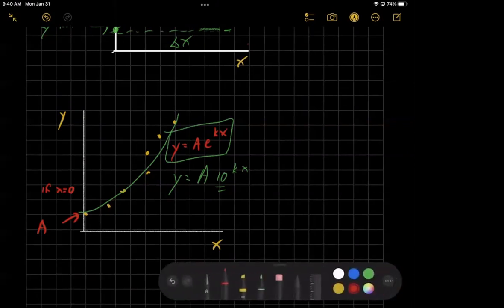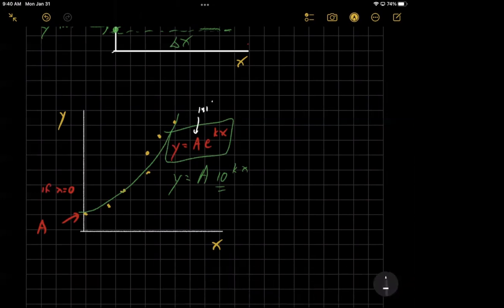And for exponential growth, that's sort of your starting amount, your initial amount of whatever is growing. And then k would be the growth rate. So that's the number that determines how quickly you would grow.